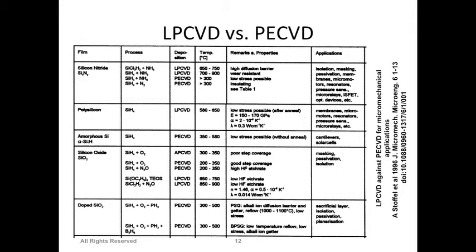But there's a third one also, which we have not covered: APCVD. I'll give you one hint. P is pressure, CVD is chemical vapor deposition, and A is atmospheric pressure. That process we perform normally at atmospheric pressure.